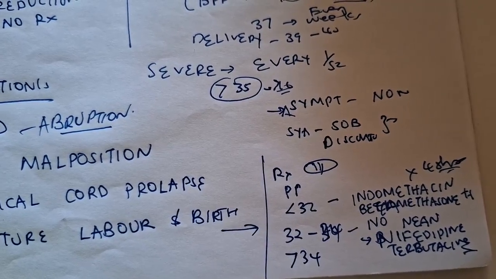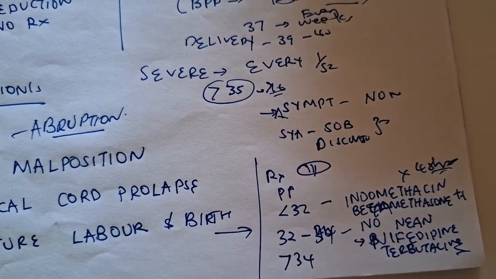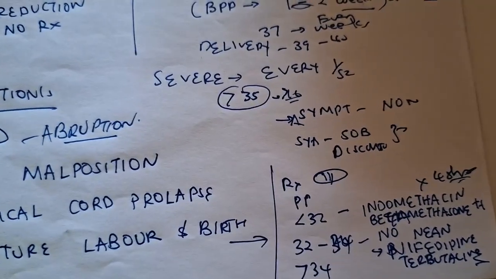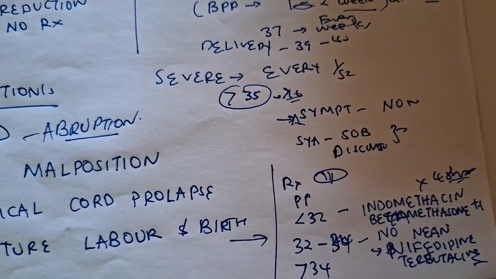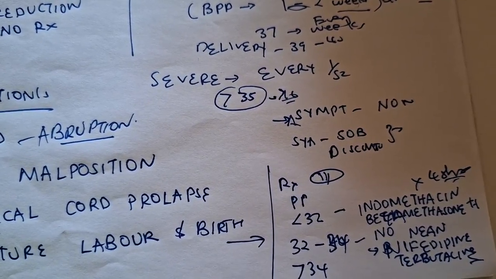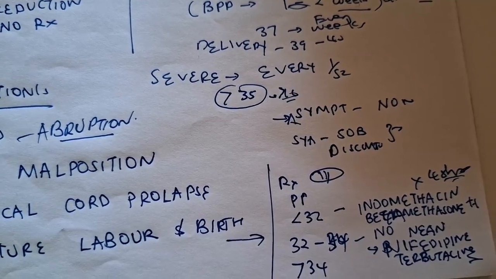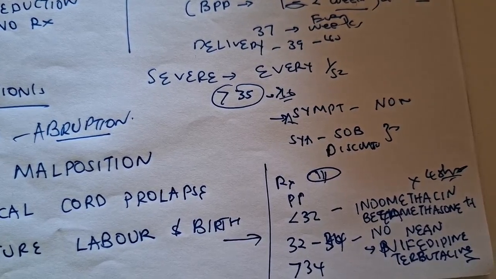So we only want to do indomethacin, and betamethasone as an injection, as we prepare. The good thing about indomethacin is that, one, it will reduce production of amniotic fluid volume, and it will also act as a tocolytic, where it will impair impending labor onset.